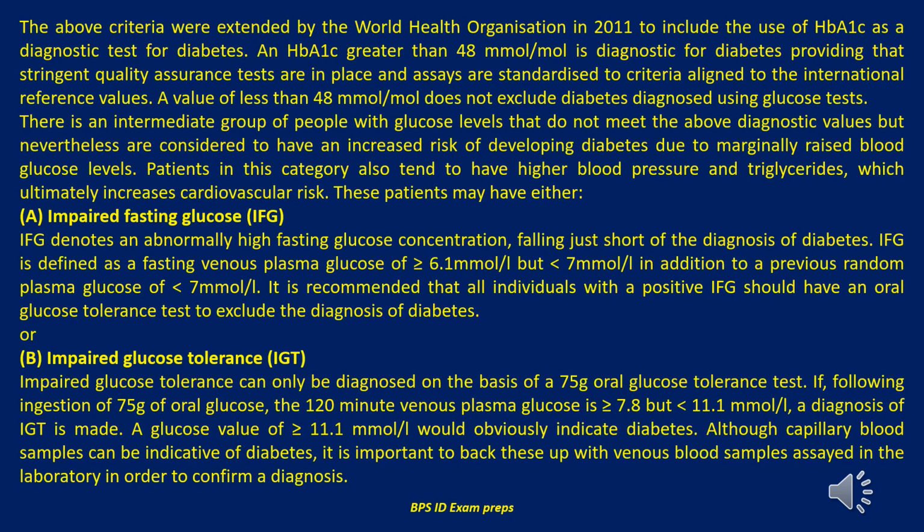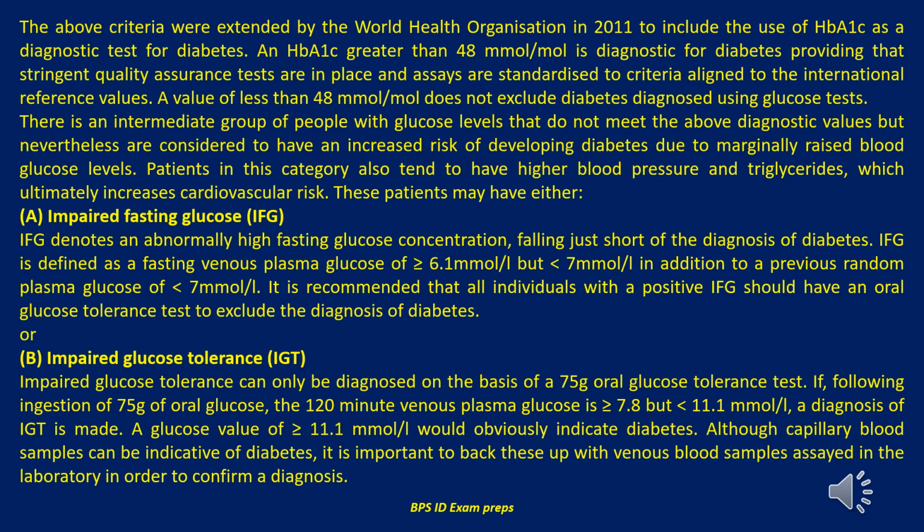Or B. Impaired glucose tolerance, abbreviated as IGT. Impaired glucose tolerance can only be diagnosed on the basis of a 75 grams oral glucose tolerance test. If, following ingestion of 75 grams of oral glucose, the 120-minute venous plasma glucose is equal to or above 7.8 but below 11.1 millimoles per liter, a diagnosis of IGT is made.